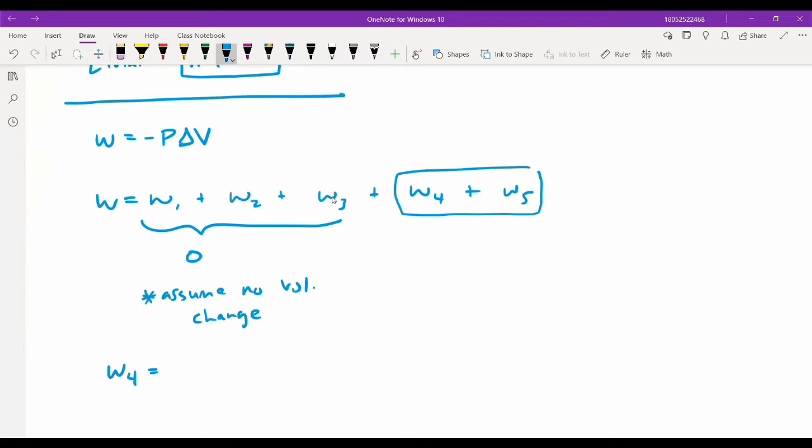So work 4, if we think about what's happening in step 4, we're basically taking 2 moles of liquid, turning it into 2 moles of water vapor.